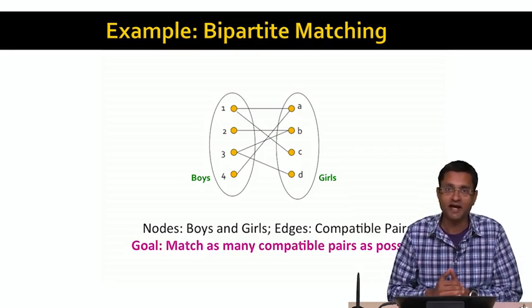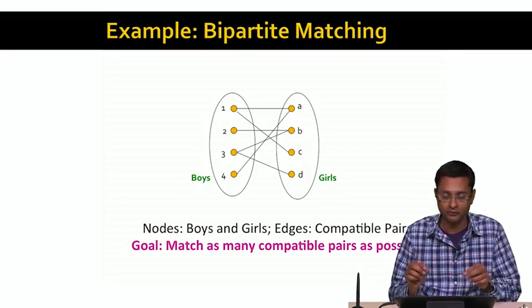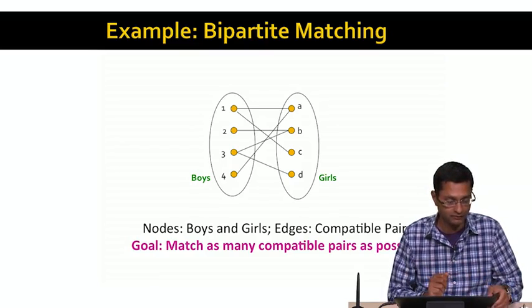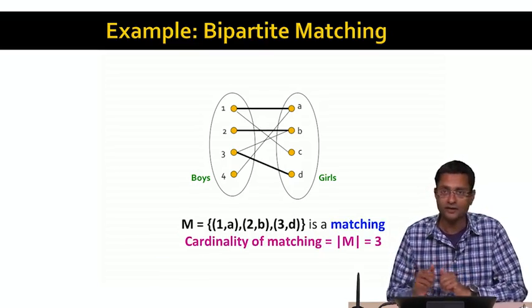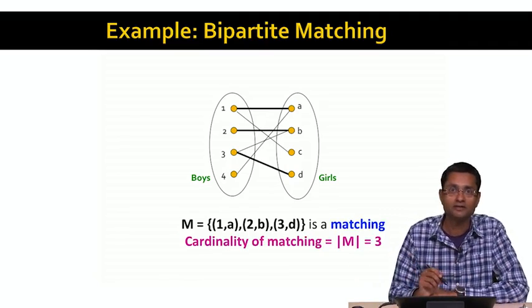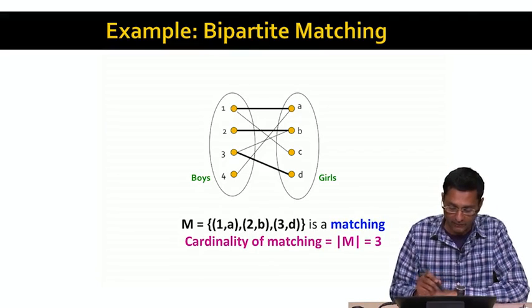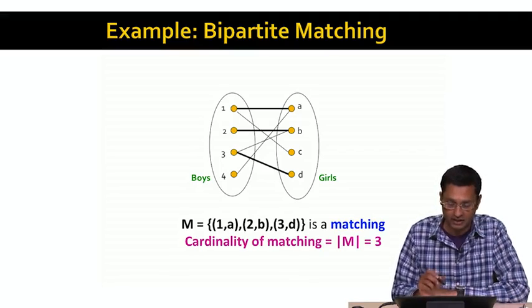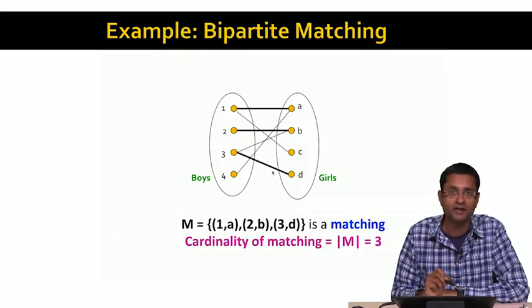That is, find as many pairs of nodes as possible, subject to the constraint that those pairs of nodes are connected by an edge. For example, here we've found three pairs of nodes, 1A, 2B, and 3D. And in each case, this is a compatible pair. There is an edge between each pair of nodes that we've picked.